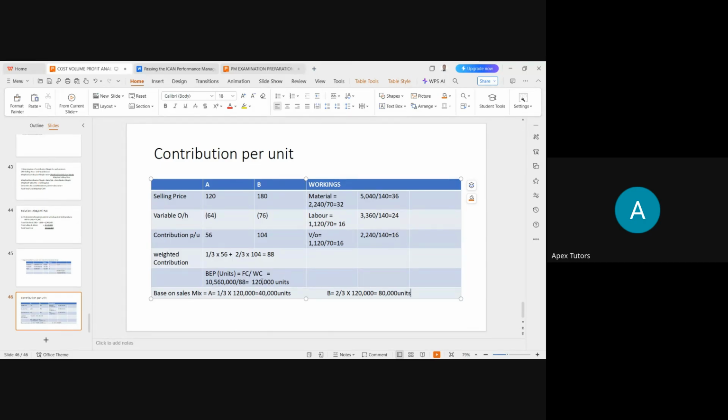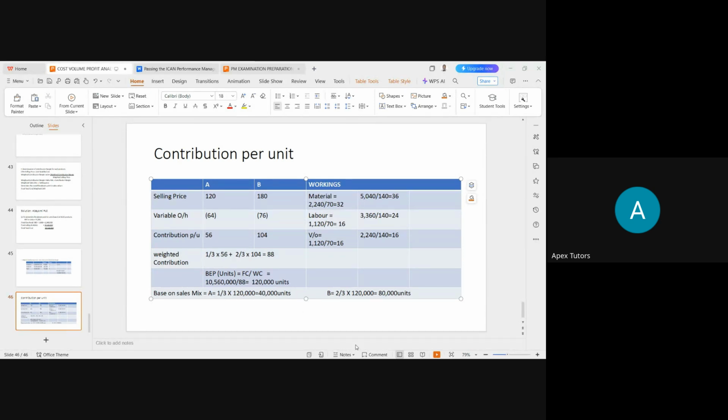Overall is 120,000. Based on the sales mix, the number of units sold to break even for product A is 40,000 units, for product B is 80,000 units. Hope everybody is fine to this point.